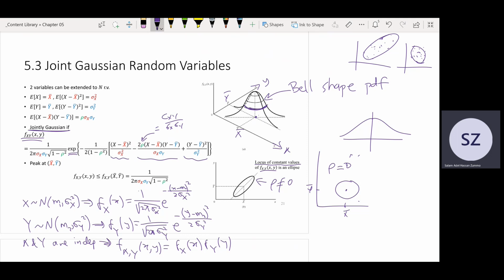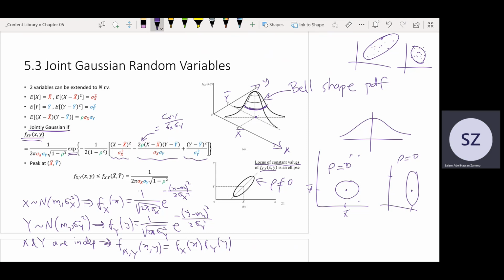If you have a locus that looks like there is a trend في the positive or the negative, it's basically بيضاوي لكن مايل. Then in this case you have rho not equal to zero. بينما if you have دائري أو بيضاوي لكن بدون ميلان, then in this case you have rho equals zero.